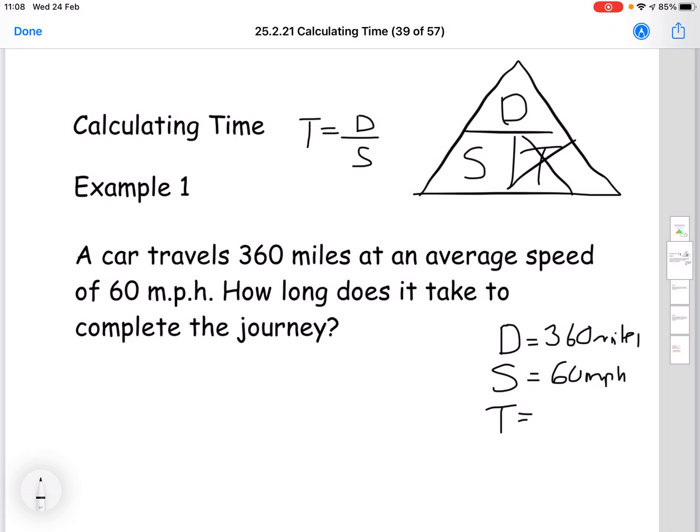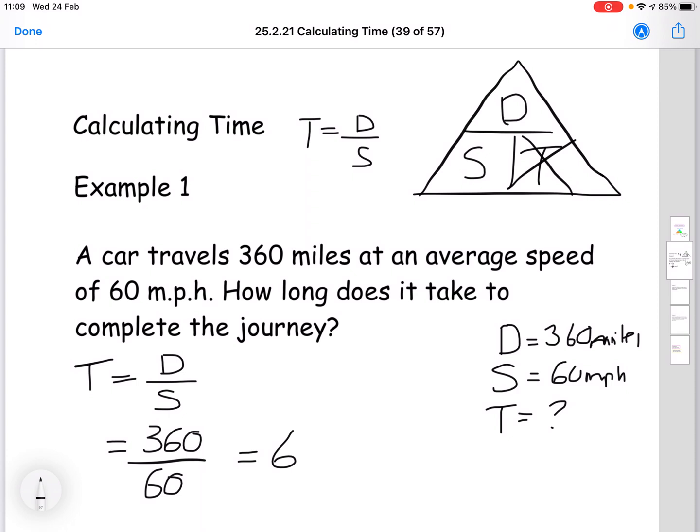So the time is what we're looking for, because the question says how long does it take to complete that journey. So our formula would be time equals distance divided by speed. So we've got 360 for our distance divided by 60 for our speed. If you did that on your calculator, you're going to get 6. And this is a time question, so your unit is always going to be in hours.